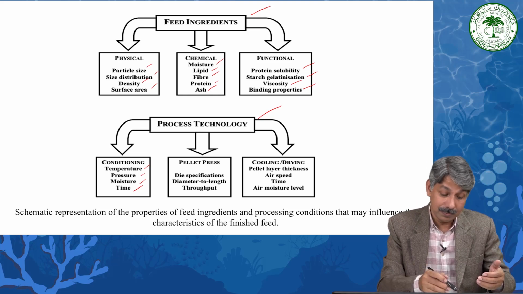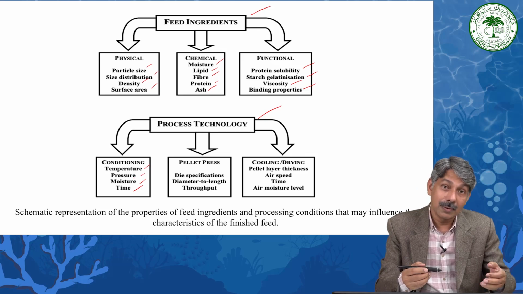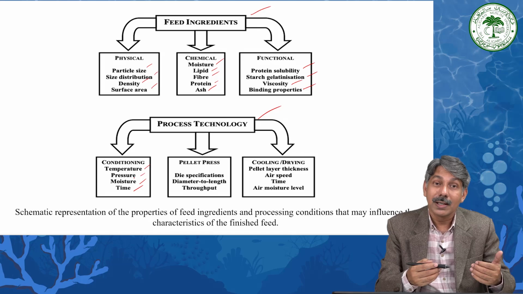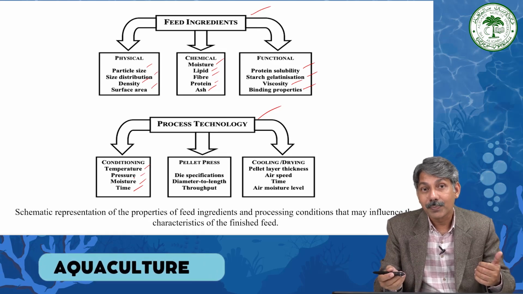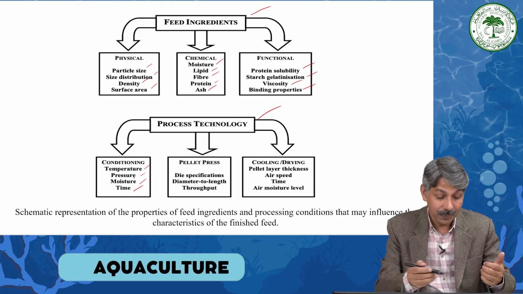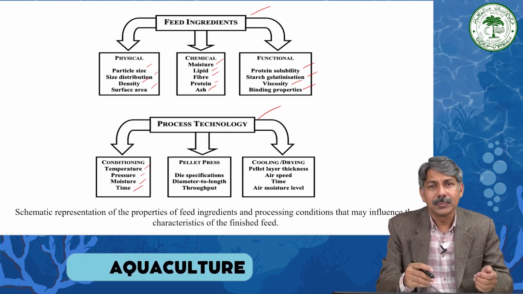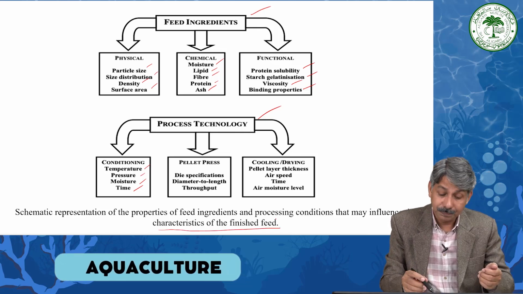The same thing is here. If you are pressure cooking something, then depending on the time and how much pressure there is, you get a different result for your dish, whatever you are preparing in your kitchen. Moisture, time, everything has impact on the ultimate characteristics of the finished feed.